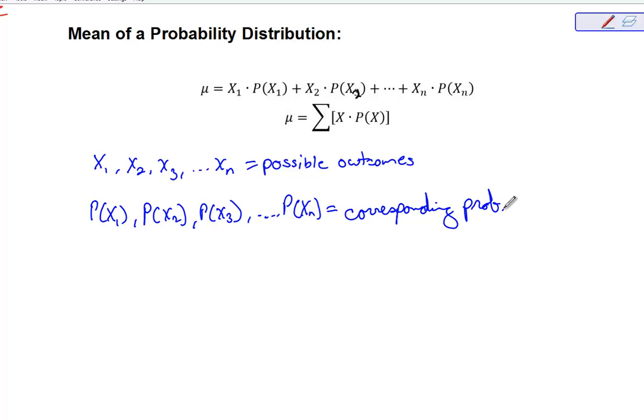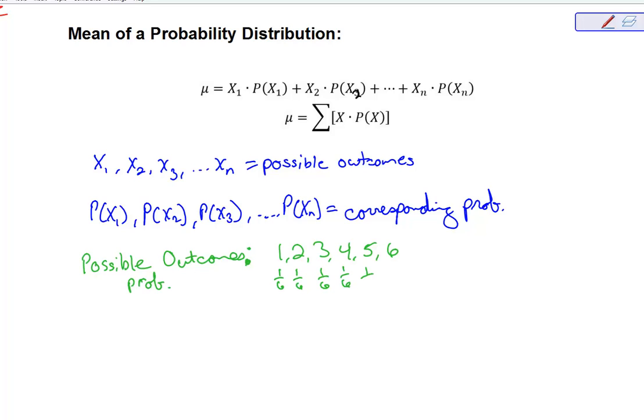So let's look at how we can find the actual mean. Let's use our rolling of a die problem. Our possible outcomes for rolling a die are going to be 1 through 6. So 1, 2, 3, 4, 5, and 6. And their probabilities are all 1/6. Hopefully we can agree on this.